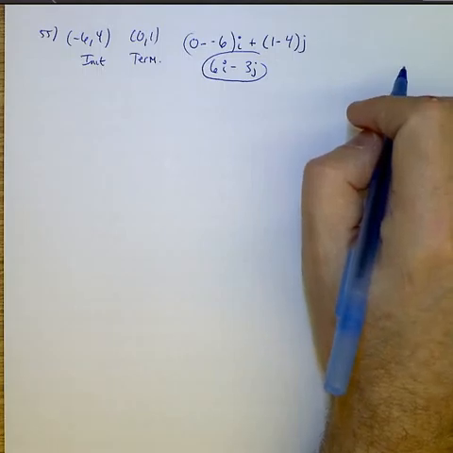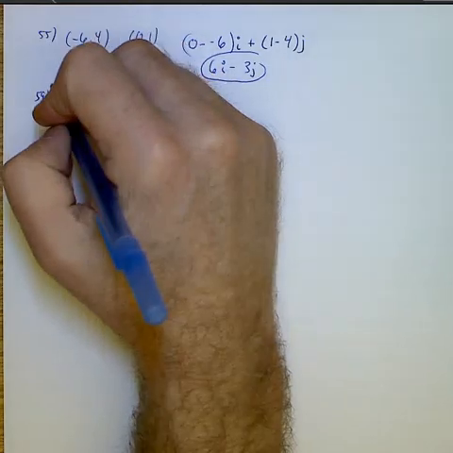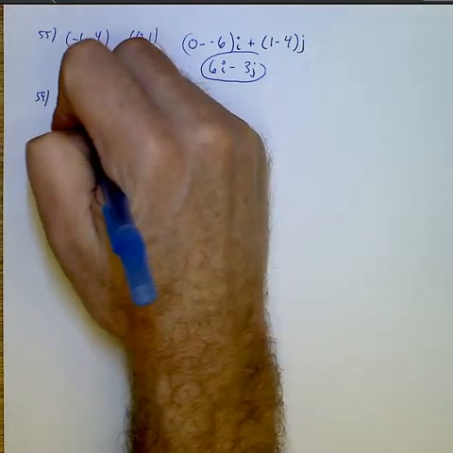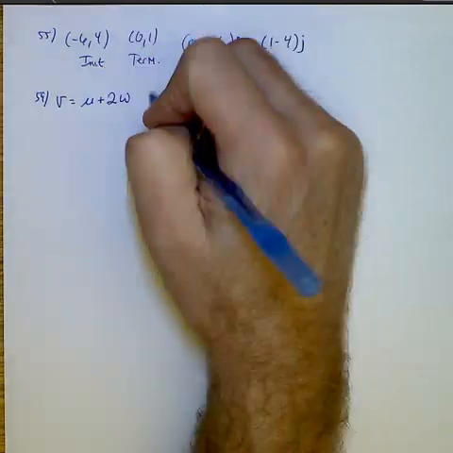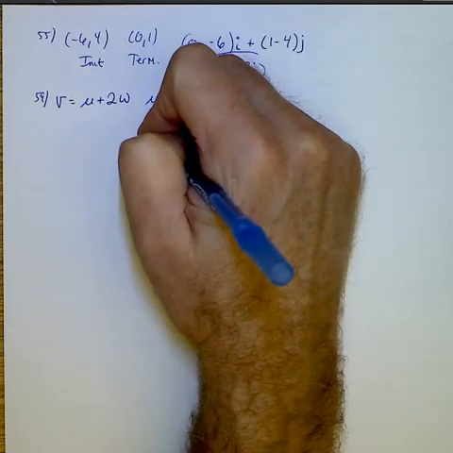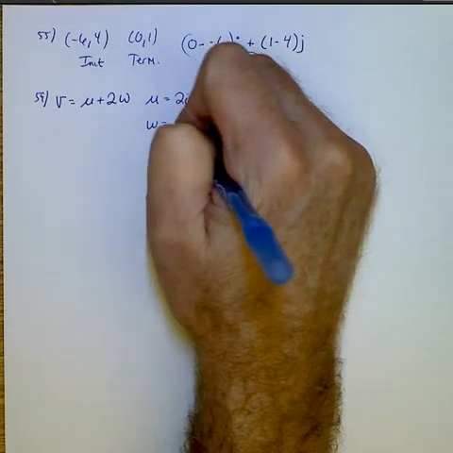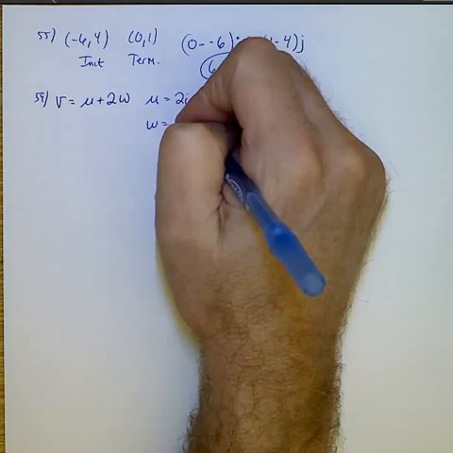In number 59, you're asked to do a vector v as the sum of u plus 2w, and you're given u as 2i minus j, and w as i plus 2j, and they're asking you for the component form of v, and then to sketch it.